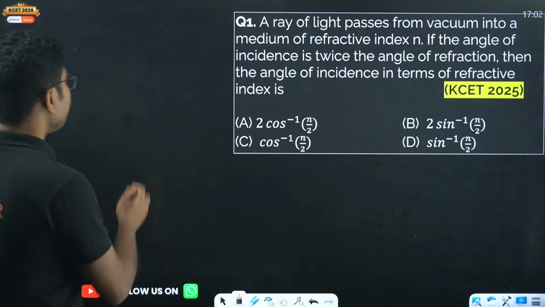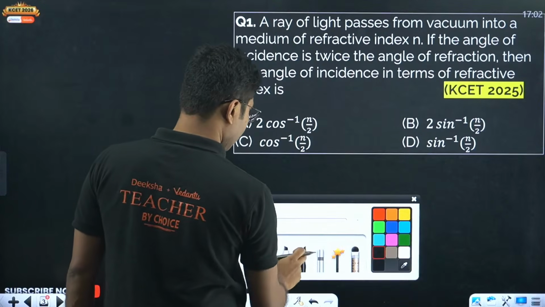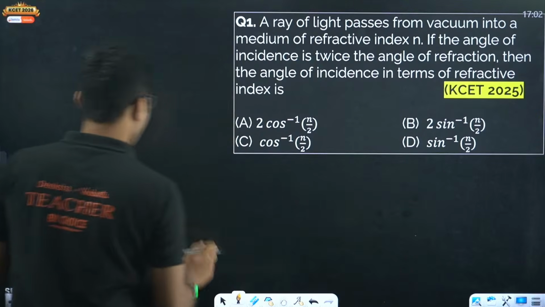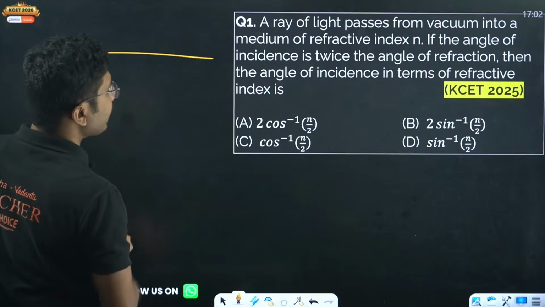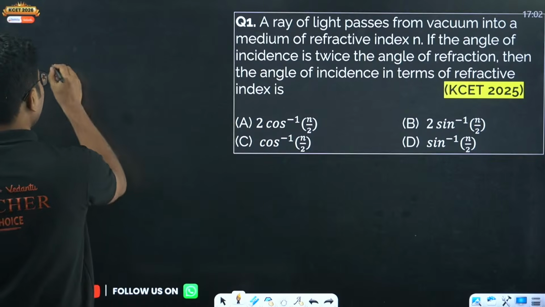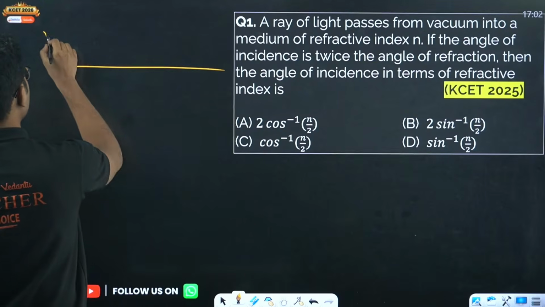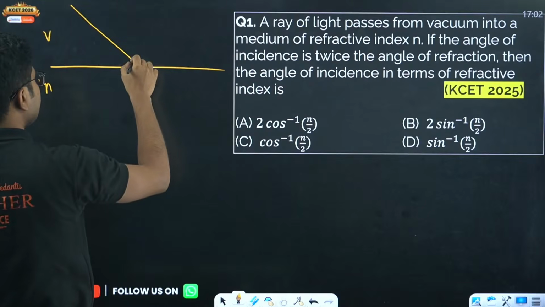A ray of light travels from vacuum into a medium of refractive index n.